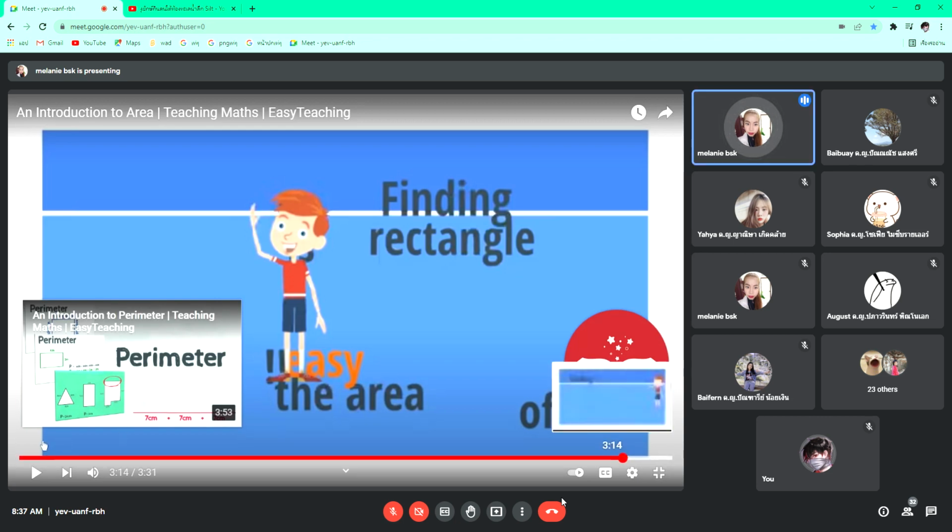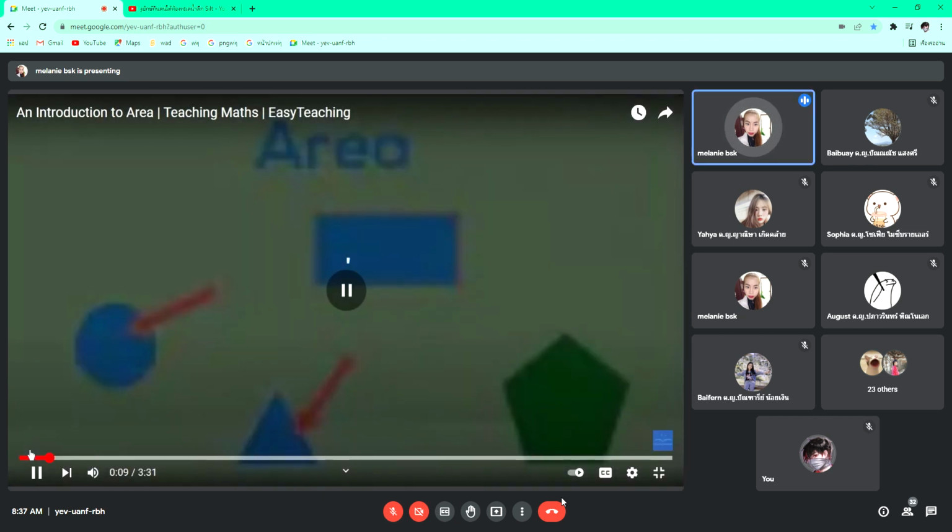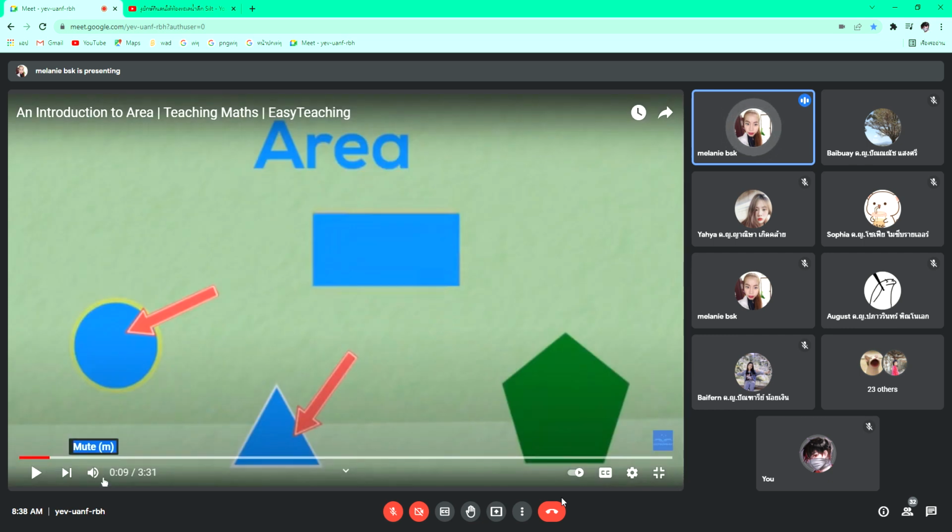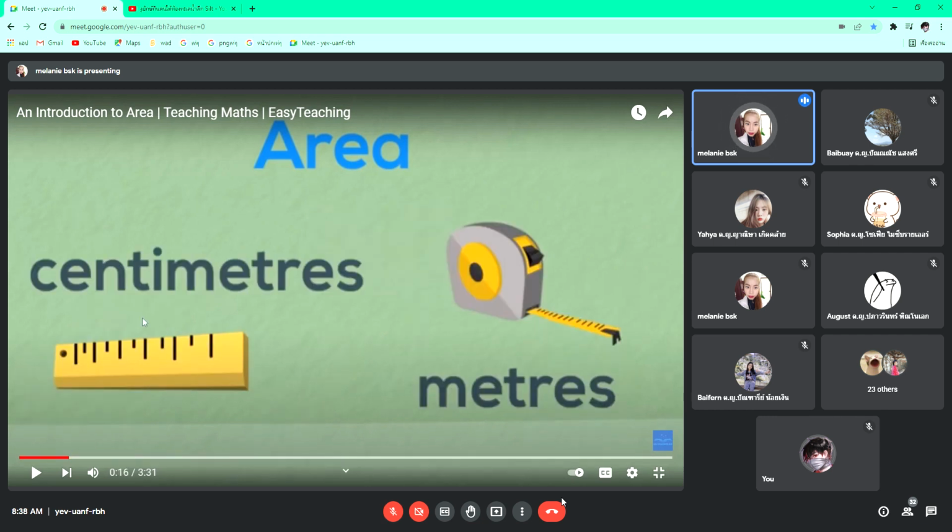Okay, so children, as I have said a while ago, we're going to have the introduction of an area. So what is an area? It is a space in a 3D shape. So if we're going to get the area of a shape, we're not going to use centimeters or meters.